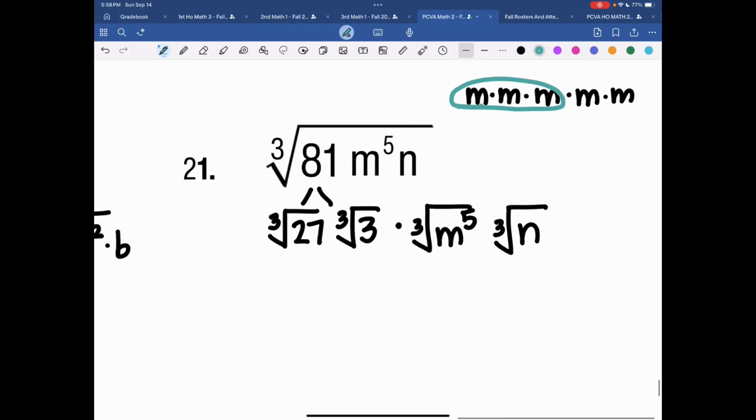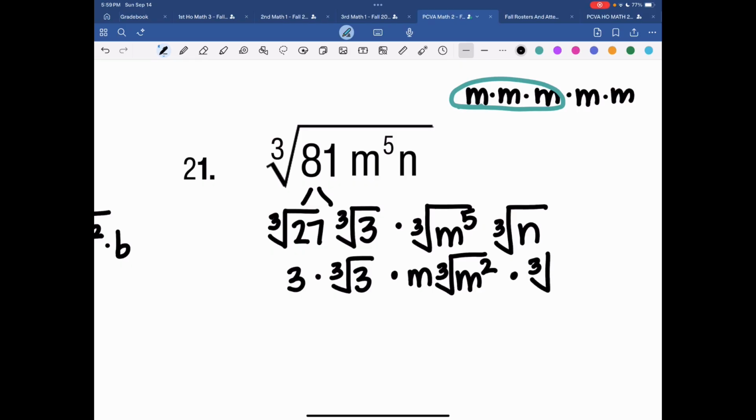So I can take an m out when I take the cube root of that, but I'm left with 2 left over. So the cube root of 27 is 3 times the cube root of 3. This one reduces to an m on the outside, and then I'm going to have the cube root of m squared because there were 2 left. I can't take any n's out, so I'm left with the cube root of n.